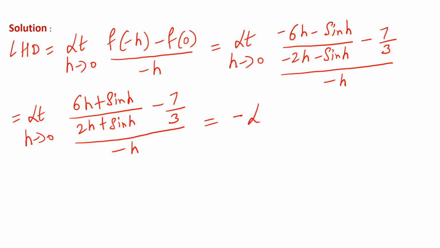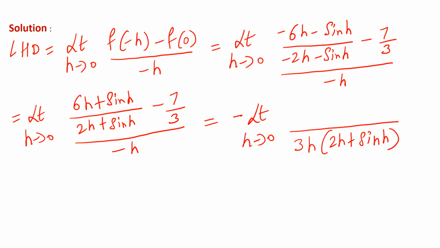Now I am taking the minus outside the limit. It becomes limit h tending to 0. In the denominator we have 3h into, inside the bracket, 2h plus sin h, and in the numerator we get 18h plus 3 sin h minus 14h minus 7 sin h.